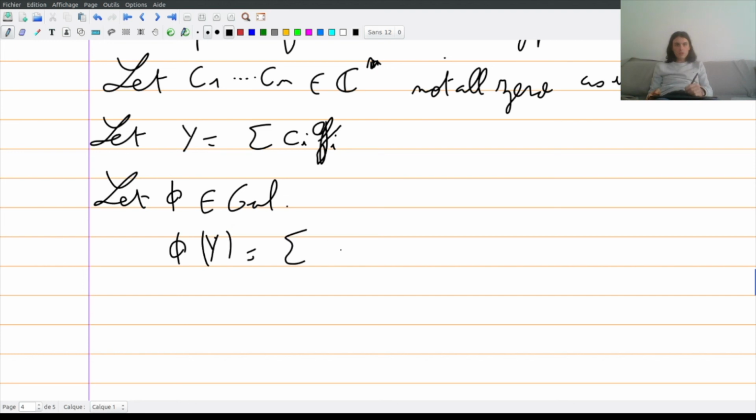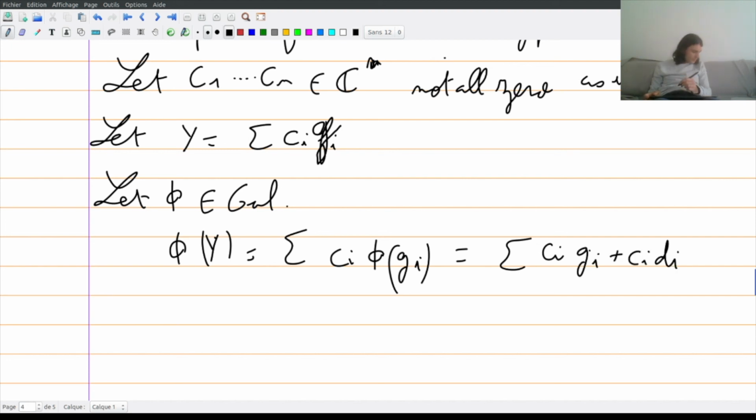So I use the structure of ring automorphism. And so it equals Ci plus Ci d_i, with the sum of Ci d_i equal to 0, because J is included in this set in this group.